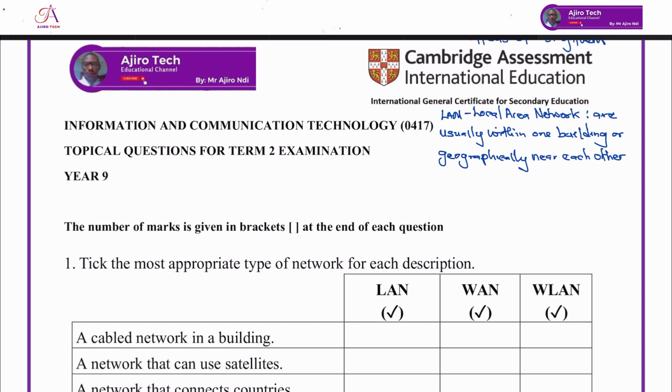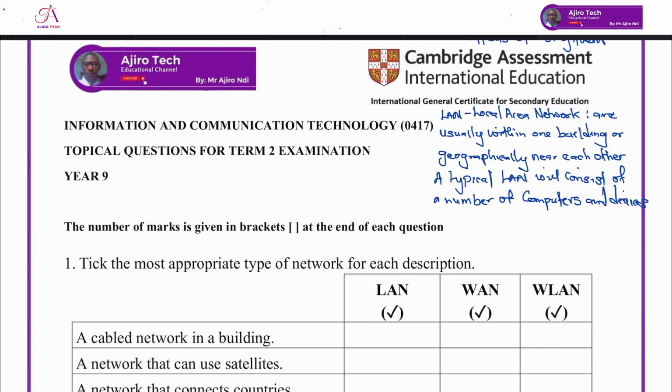Okay. And of course, it's important for you to understand that a typical LAN consists of a number of computers and devices which are now connected to the hubs and switches. So a typical LAN will consist of a number of computers and devices, right?